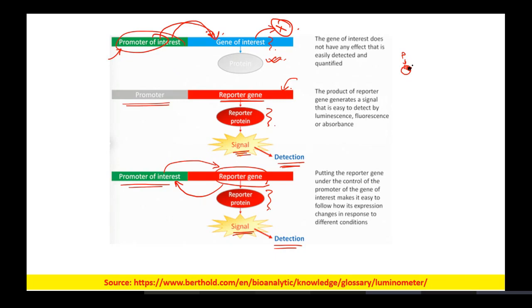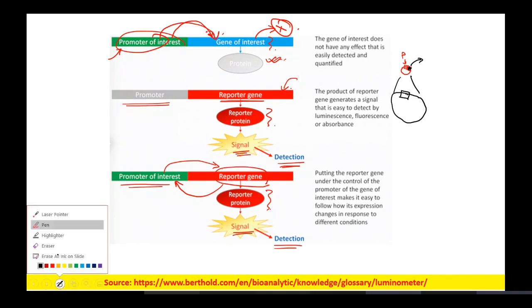So using the restriction enzyme, we will take out this gene of interest, and instead of that, we will put in this blue colored system, which is the reporter gene, RP.